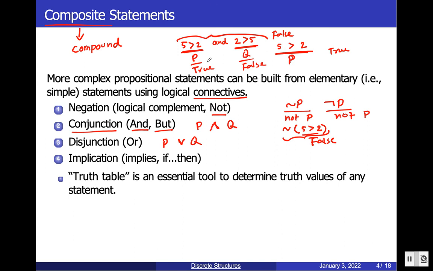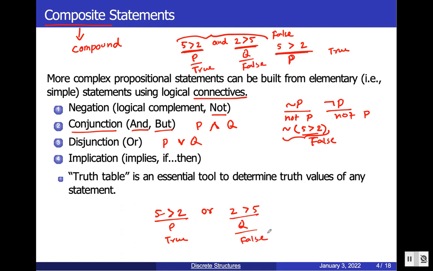For example, say 5 greater than 2 or 2 greater than 5. Let's say this one is P, and we give the name Q to this statement. We know that 5 greater than 2 is true and this one is false.